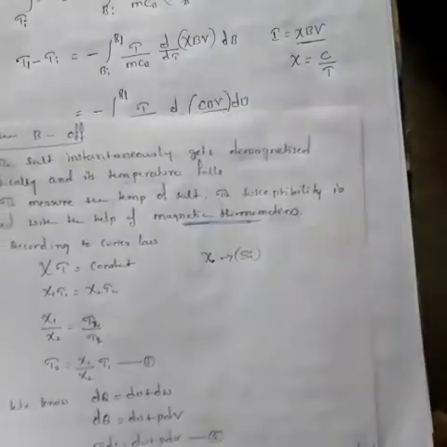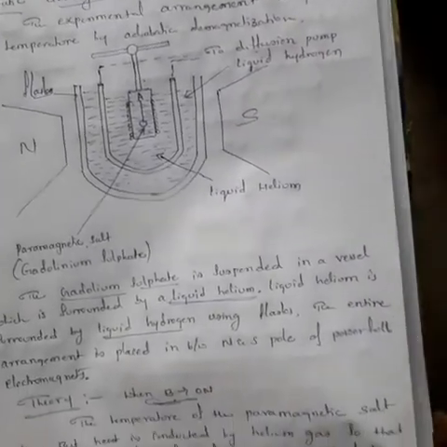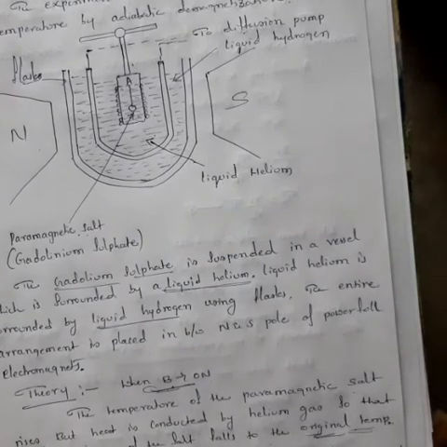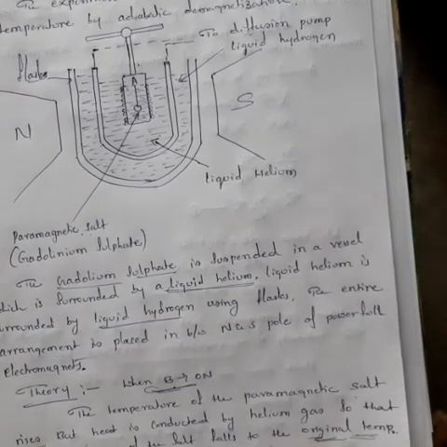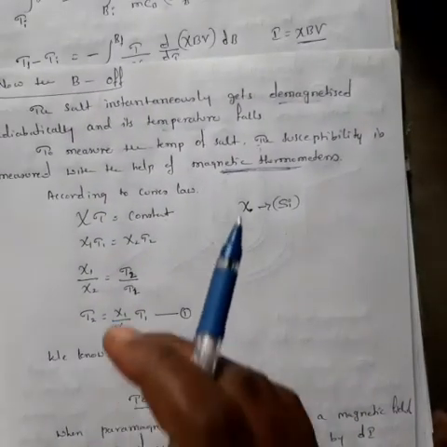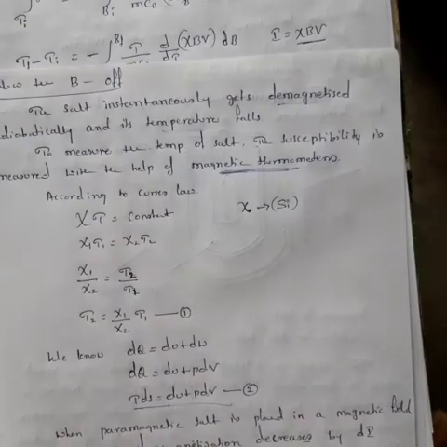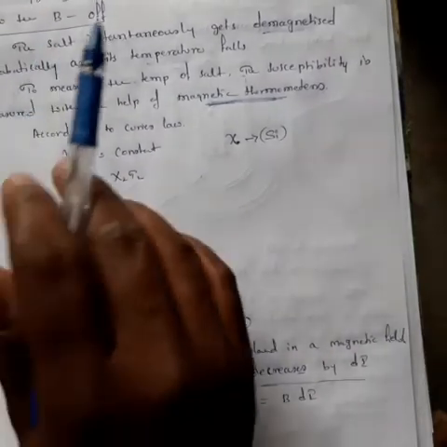What happens if we pump out? The temperature decreases and falls to the original temperature. Now when the magnetic field is switched off, what happens? The demagnetization takes place.